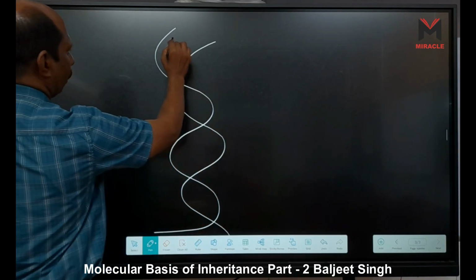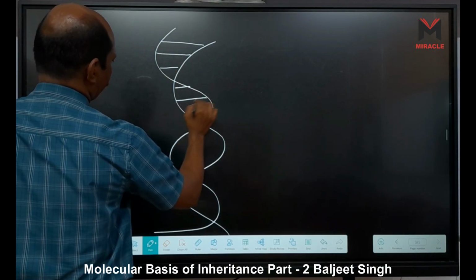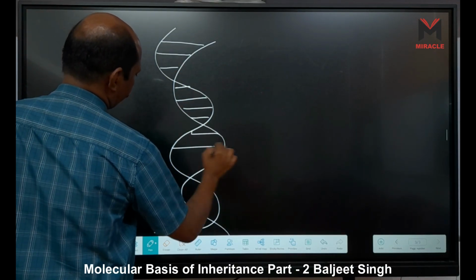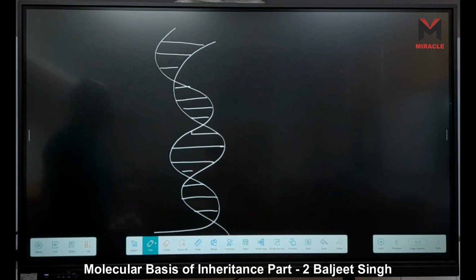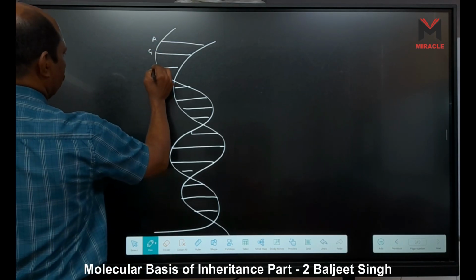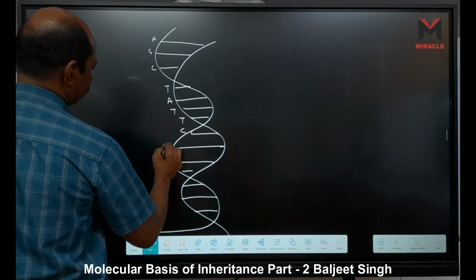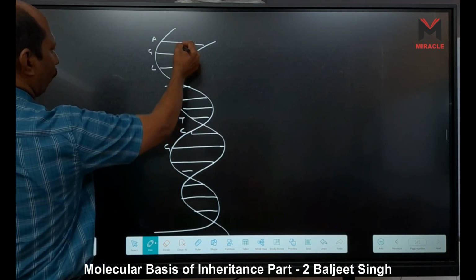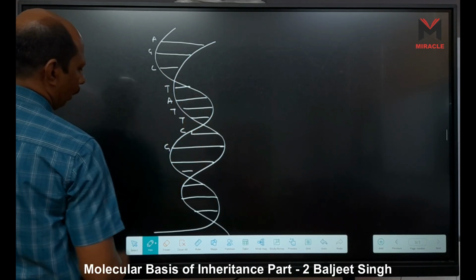This is the structure, and these are the nitrogen bases, we can say. Randomly, I write here A, G, C, T, A, T, T, C, G. But we have to count 1, 2, 3, 4, 5, 6, 7, 8, 9, 10. Right?